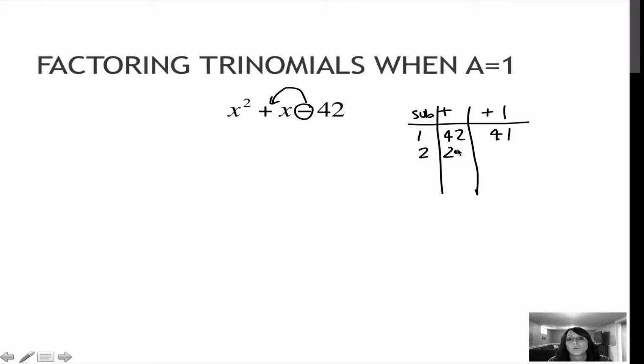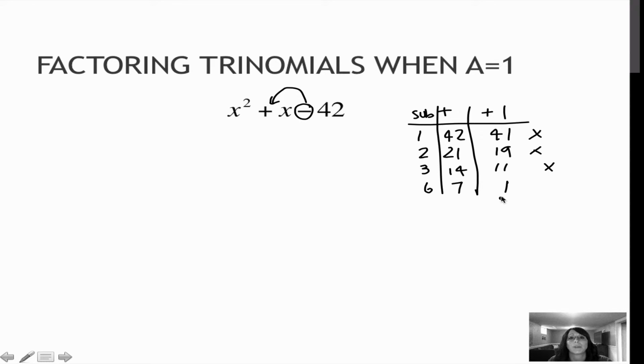It's also 2 and 21. Those have a difference of 19. That doesn't work. It looks like 3 and 14, which have a difference of 11. That doesn't work. 4 doesn't go in evenly. 5 doesn't go in evenly. 6 and 7 have a difference of 1.